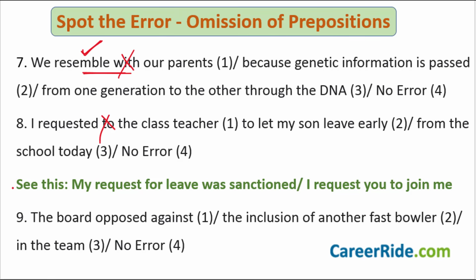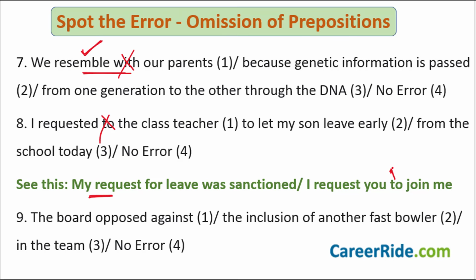But see this example. My request for leave. What is happening here? I'm requesting something and I'm requesting for something. So my request for leave does take a preposition, but it depends upon the sentence. My request for leave is fine, or I request you to join me. So you see between request and "to" is a preposition.